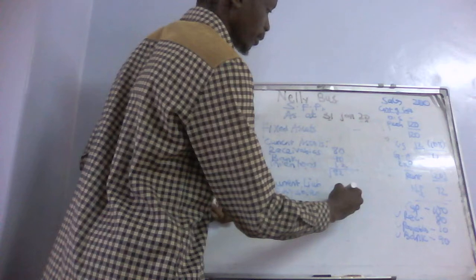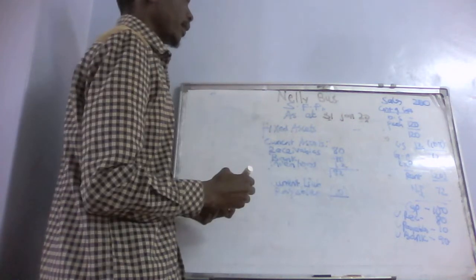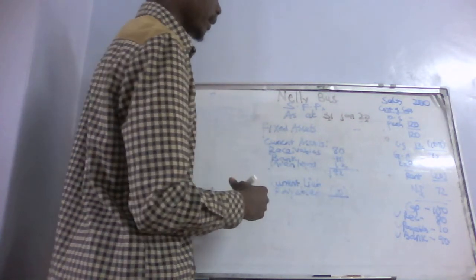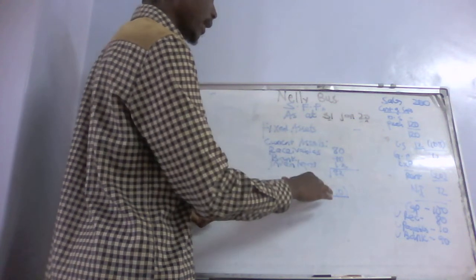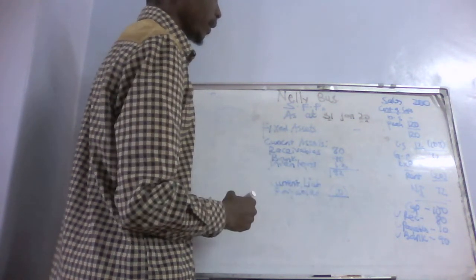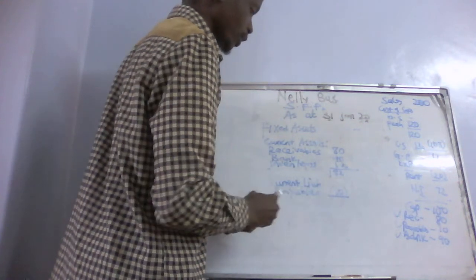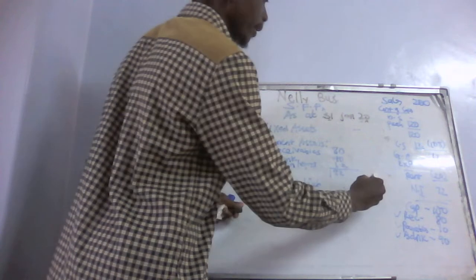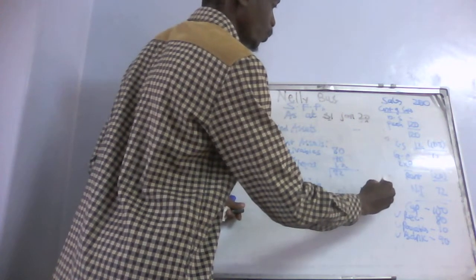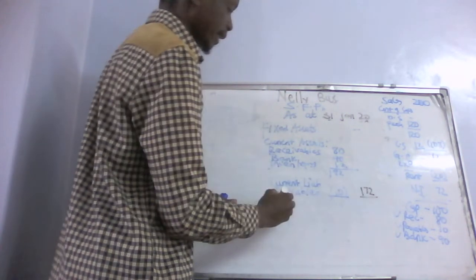Then we have net current assets less current liabilities. It's 172,000. So it will be here 172,000.